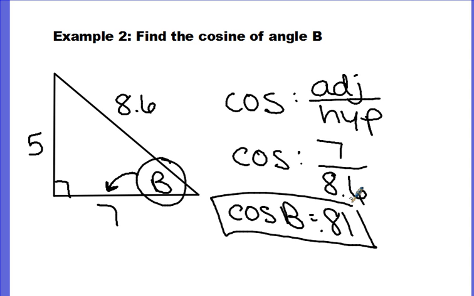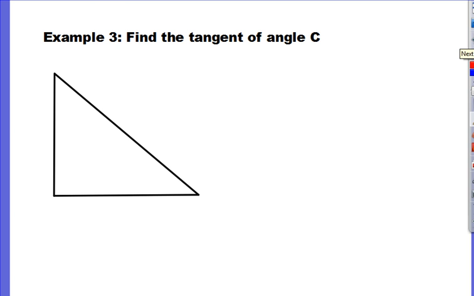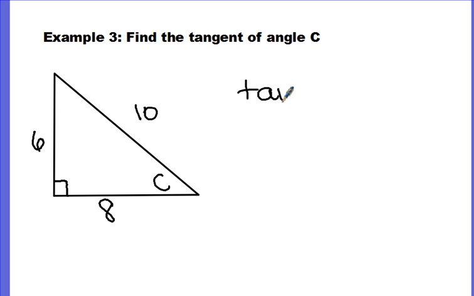Let's do one more example. Example 3, we're finding the tangent of angle C. This side is 6, the bottom is 8, hypotenuse is 10, C is again in the bottom right hand corner. We're finding tangent. And if we recall from the very first slide, tangent is the opposite over the adjacent.